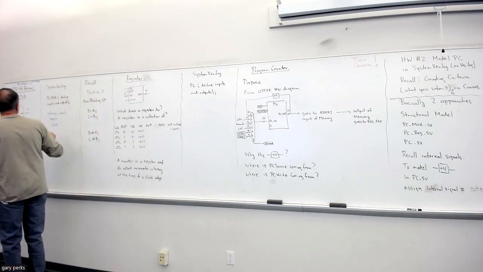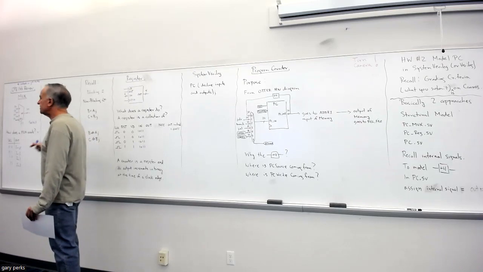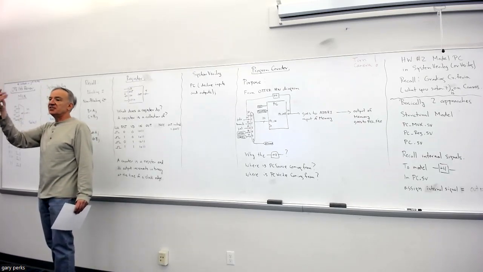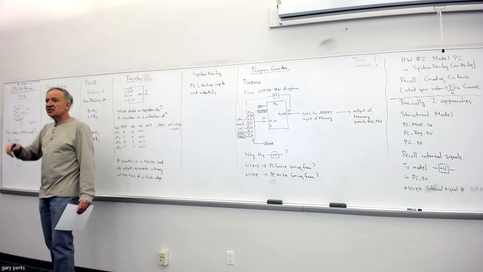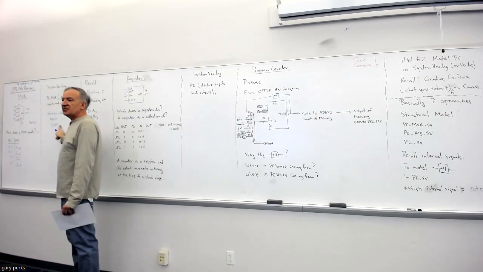Using a case statement, right after this begin, we write case, and then in parentheses you have the sensitivity variable, so that when that variable changes, the case is evaluated. So what am I going to use as my sensitivity variable here?